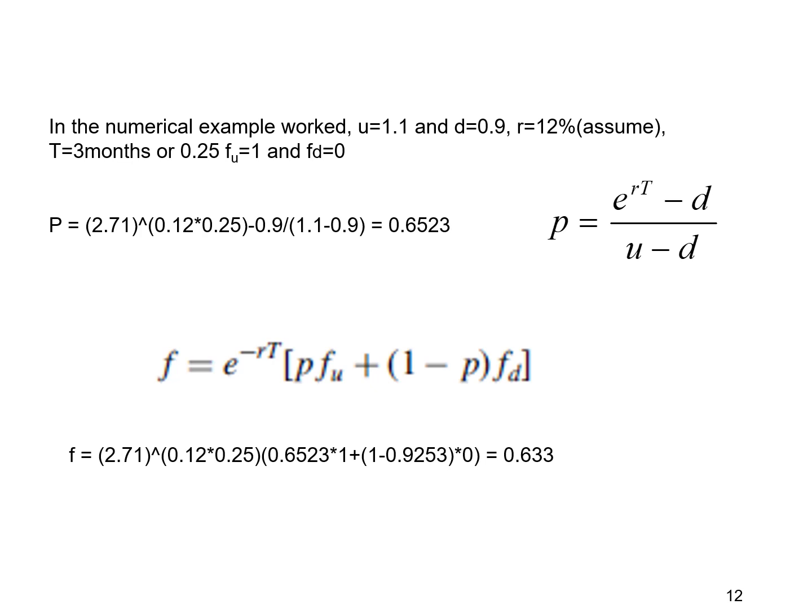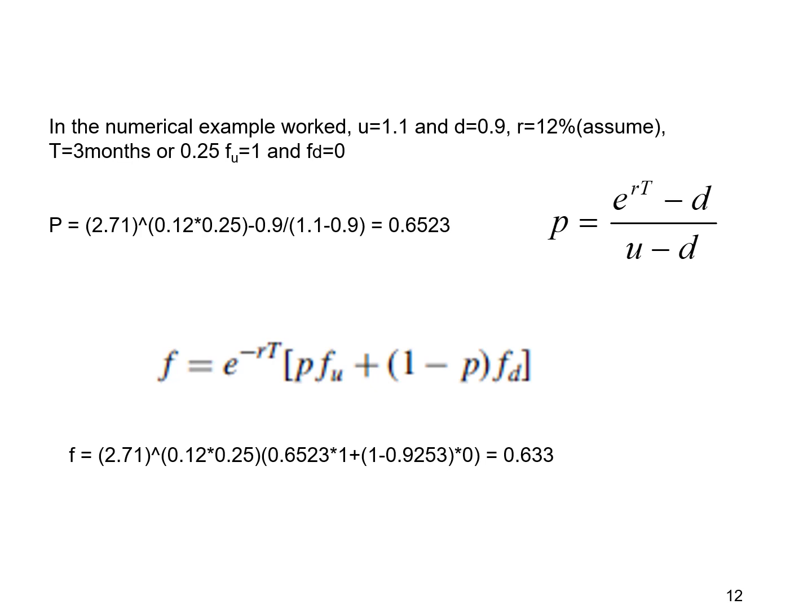The value of e is 2.71, divided by 1.1 minus 0.9. So this comes to 0.6523. So p is equal to 0.6523, and 1 minus p will basically be 1 minus 0.6523.